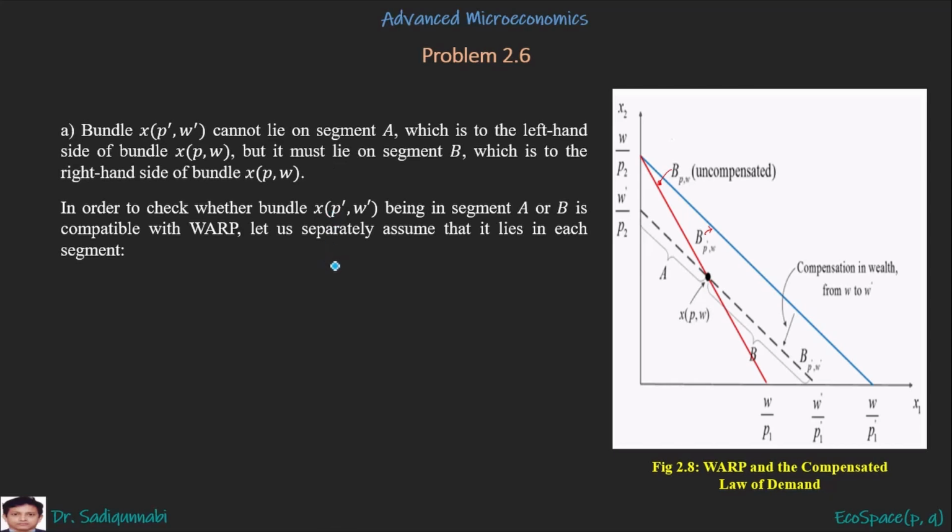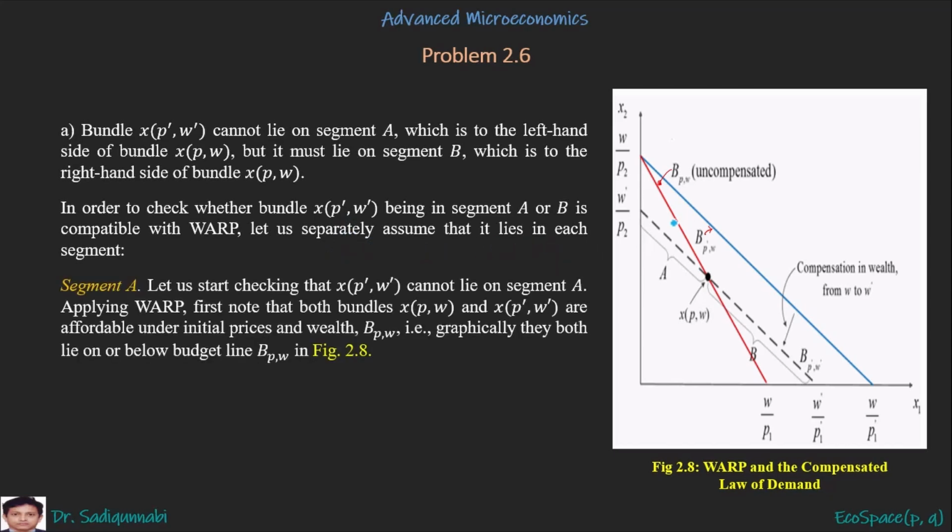let us assume that it lies on segment A. So in order to prove that bundle x(p prime, w prime) cannot lie on segment A, we apply WARP and note that both bundles x(p, w) and x(p prime, w prime) are affordable under the initial price and wealth.